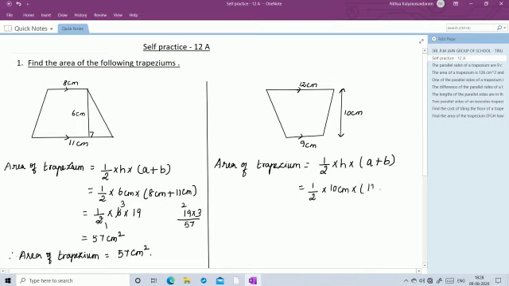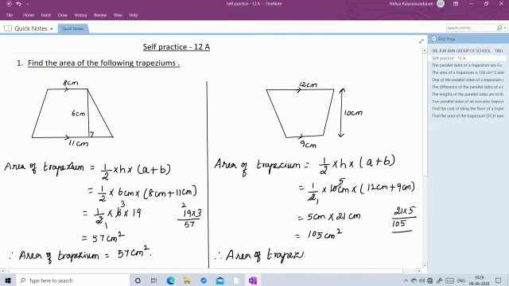Then a plus b is 12 centimeter plus 9 centimeter. 2 ones are 2, 2 fives are 10. 5 centimeter into 12 plus 9 is 21 centimeter. So 21 into 5, 5 ones are 5, 5 twos are 10. 105. So 105 centimeter square. Therefore, area of trapezium is equal to 105 centimeter square.